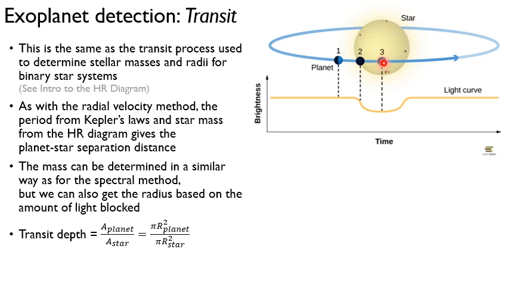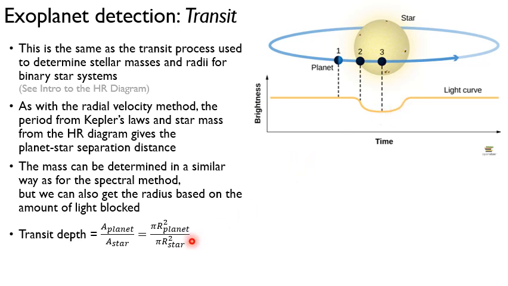It depends on how big the planet is, and it depends on the distance between the star and the planet. But we've determined the planet-star separation distance using Kepler's laws. So we actually know that. So we can basically get the size of the planet from the transit depth, and in a simple sense, it's basically the area of the planet divided by the area of the star. That is going to be directly related to how much light is blocked out.